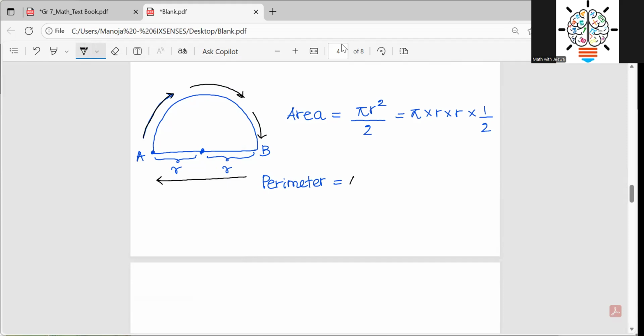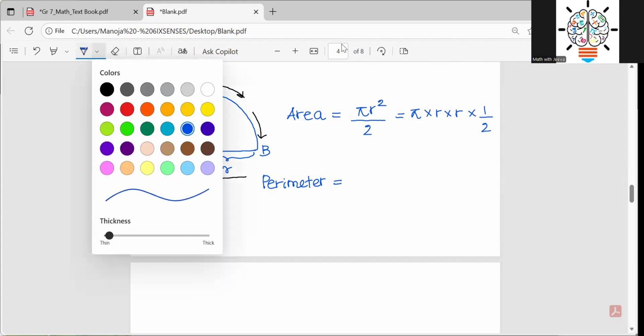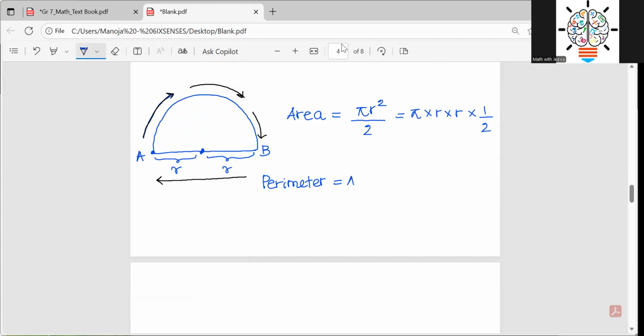So that is the AB curve length, plus the AB straight length. That's the full perimeter.